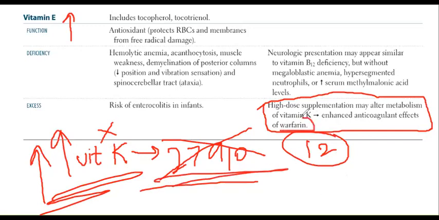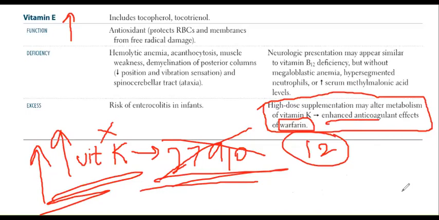So warfarin function is enhanced by this. You have to understand that vitamin E increases the effect of warfarin. You can write it in your own words also, that vitamin E increases the effect of warfarin.